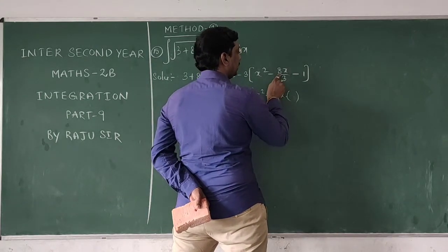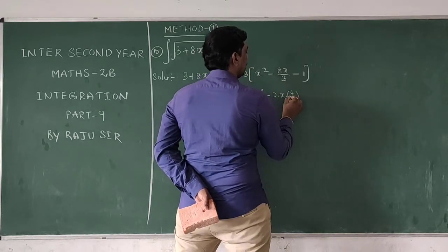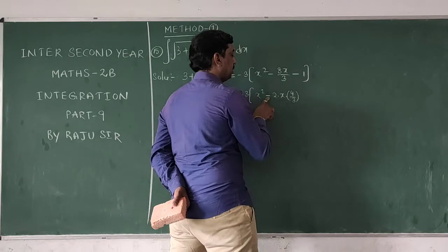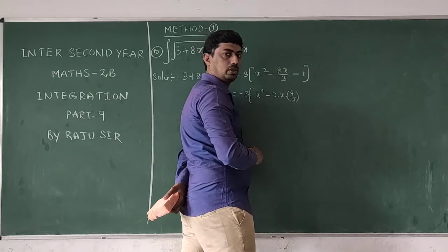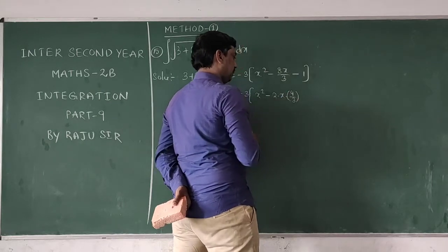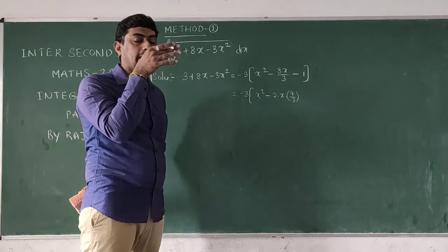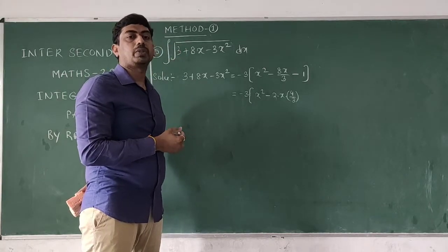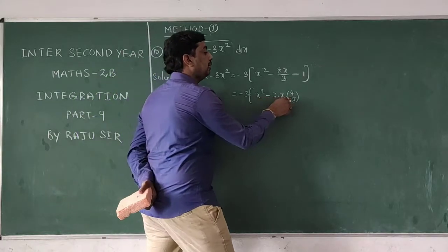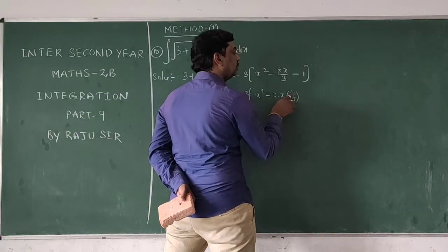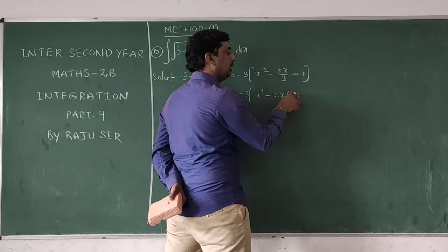Now, 8 can be written as 2 into 4, with the remaining by 3, so minus 2 into 4 into x by 3. Why are we writing like this? To transform into x plus alpha or x minus alpha whole square, the expansion is x square plus 2x alpha plus alpha square. So for the 2ab term, to get b, we transform minus 8x by 3 into the form 2 into a into b.